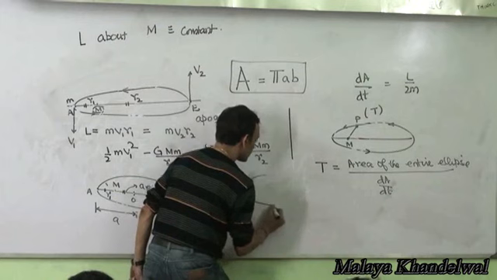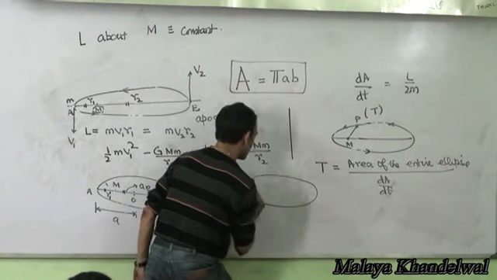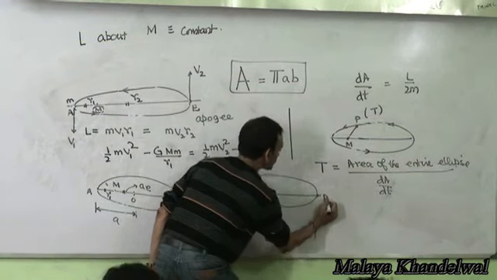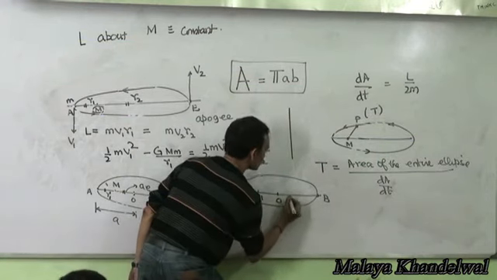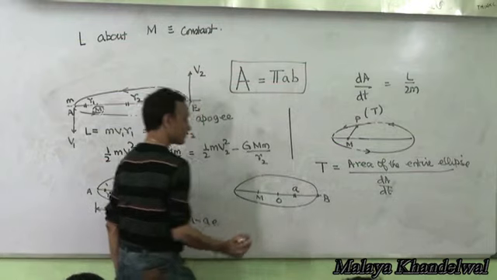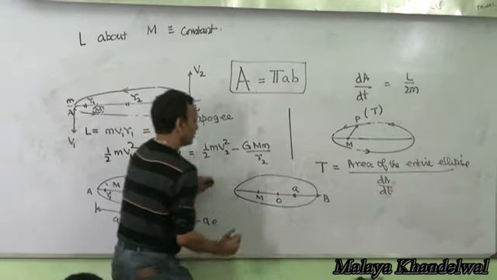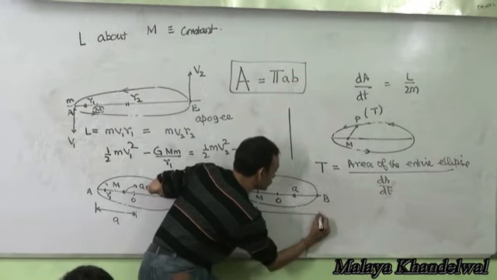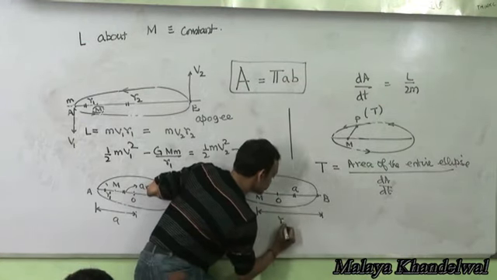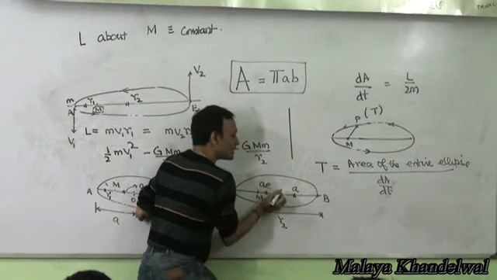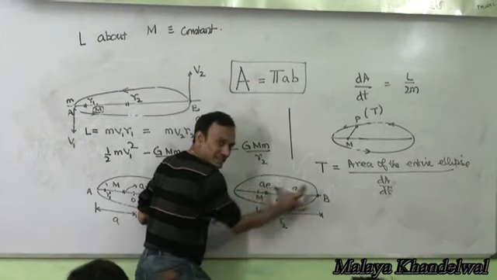Whereas this was capital M. This was B. This was O. This is A. Realize that this was R2, the distance of B from M was R2, and this is AE. So what's R2? A plus AE.